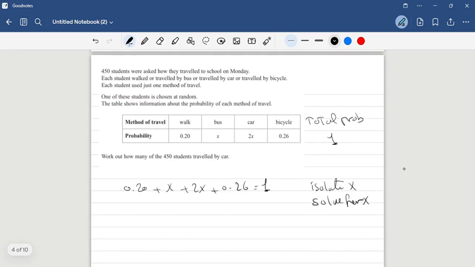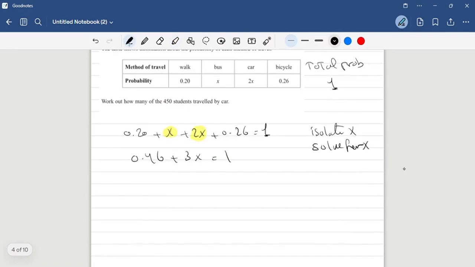The first thing, let's try adding these two numbers together. It will be 0.20 plus 0.26, which is equal to 0.46, plus, of course, x and 2x, which is equal to 3x, right? This is all equal to 1. After that, I will isolate x by sending 0.46 to the other side. It will be 3x equals 1 minus 0.46, which is equal to what?